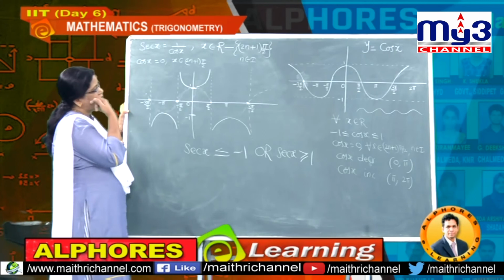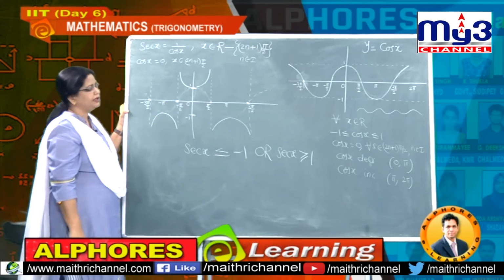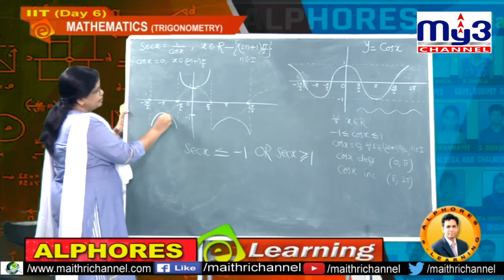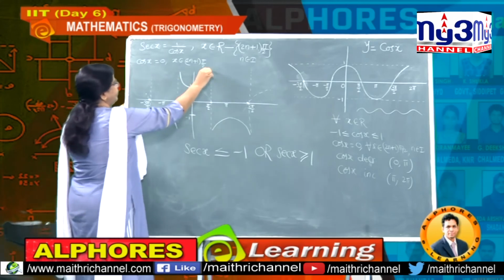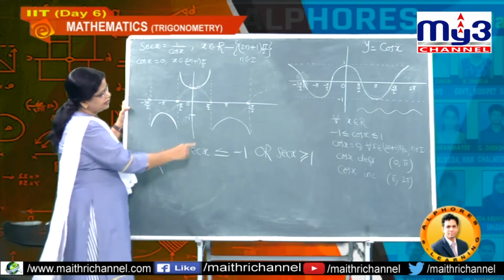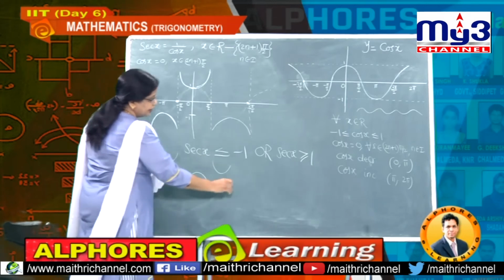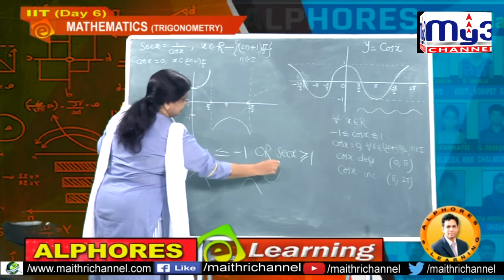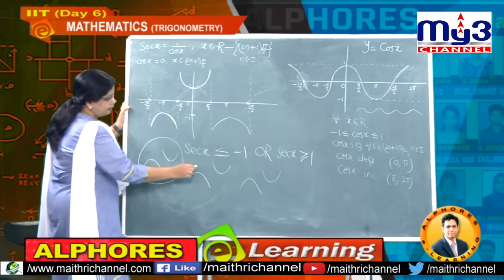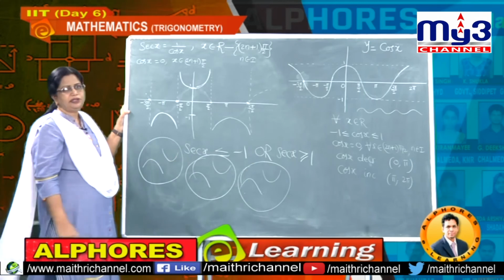Next one, what about the period? How is the same shape of curve coming? If you start like this, this one is one, and the other is next. Again it is coming like this, and next one is this. That means this is repeating for every interval. What is the interval between these?